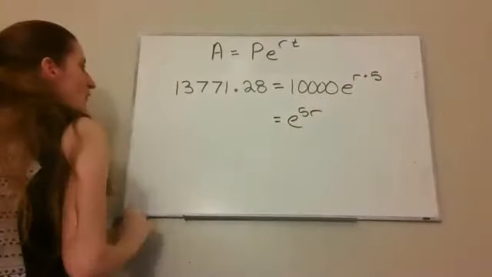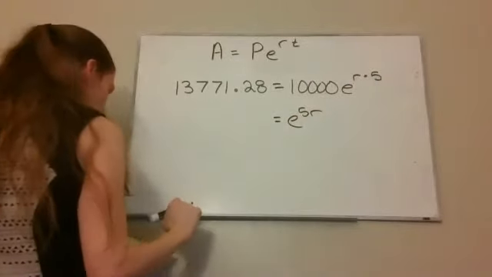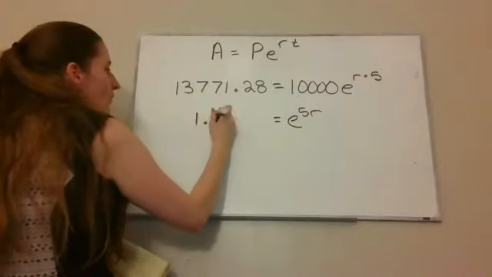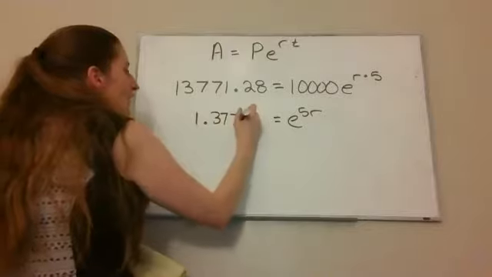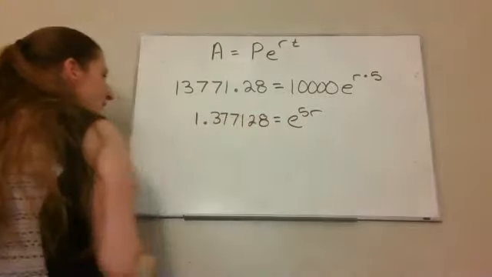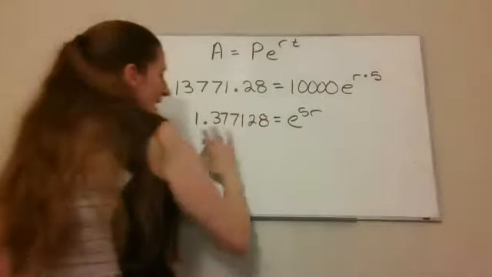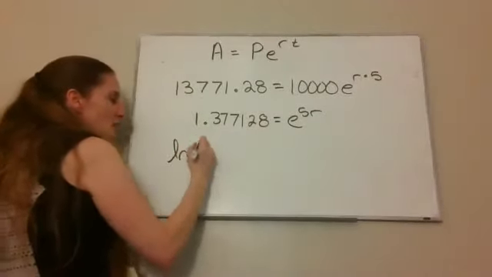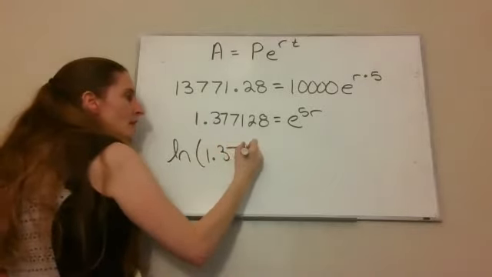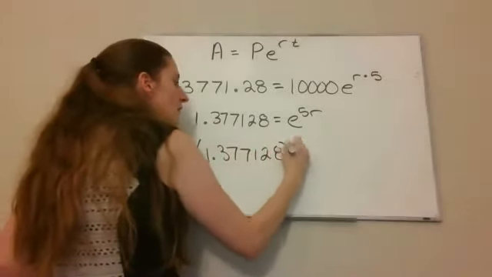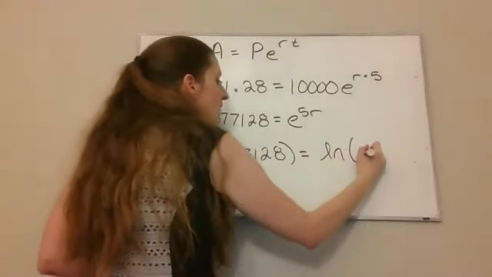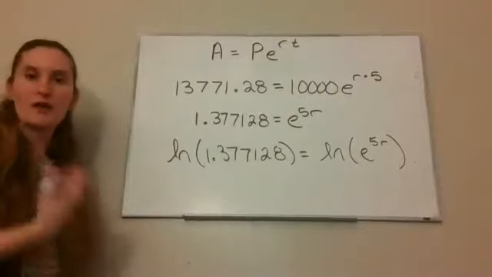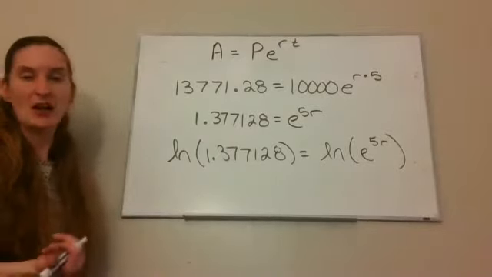If I divide 13,771.28 by 10,000, I get 1.377128. And now I have that decimal equals e to the 5r. Now we can take a natural log of both sides. And remember that when you have a logarithm and an exponential of the same base, they undo each other.